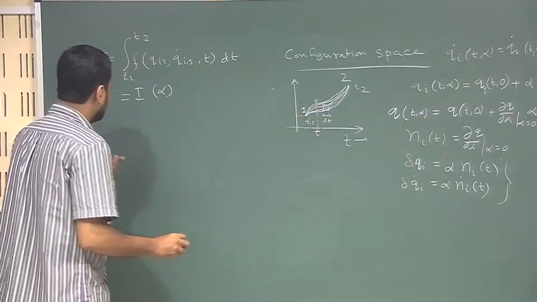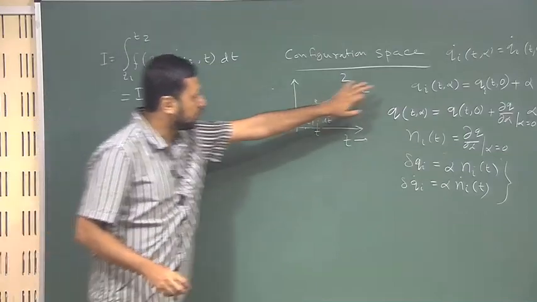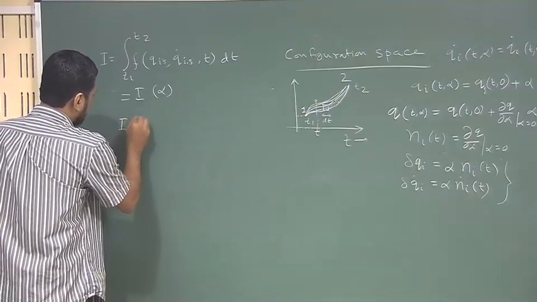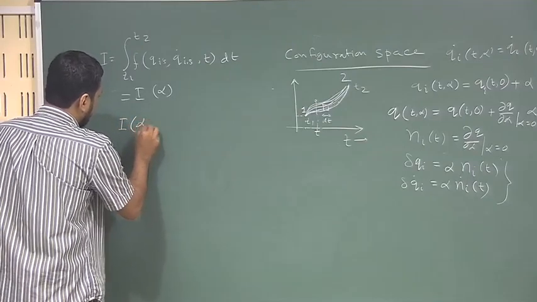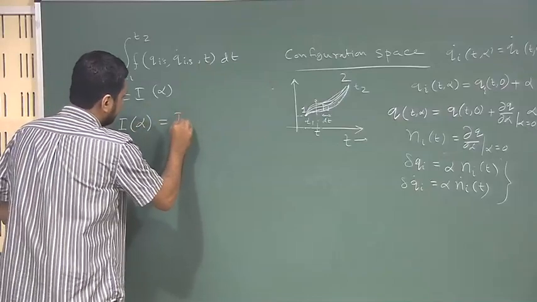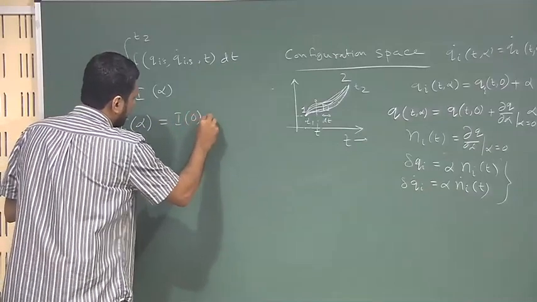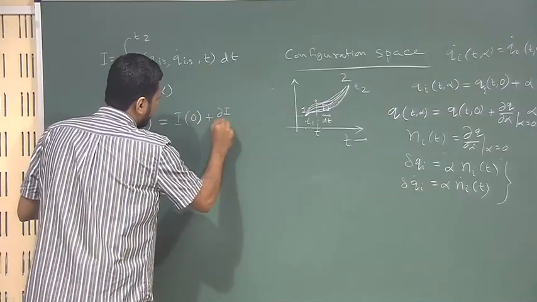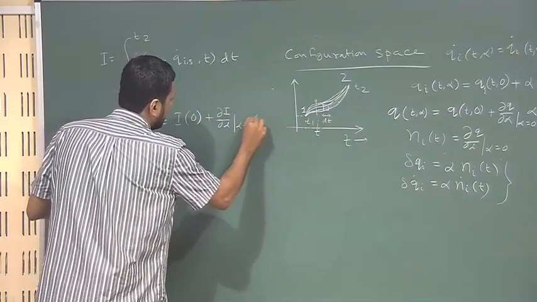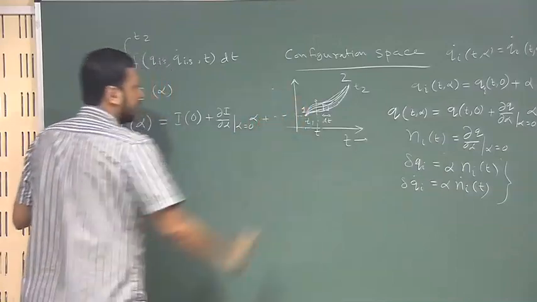Just like we did in the case of coordinates and velocities, we can also expand this integral in a Taylor series around alpha equal to 0, with del I del alpha at alpha equal to 0, and we can neglect the higher terms.